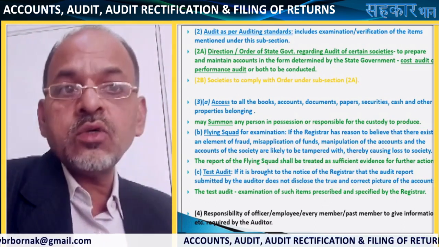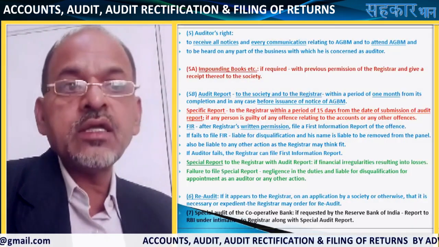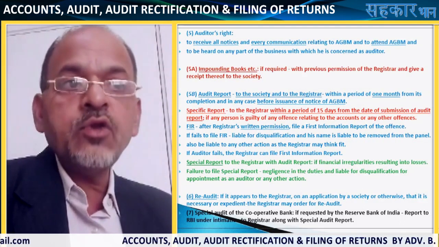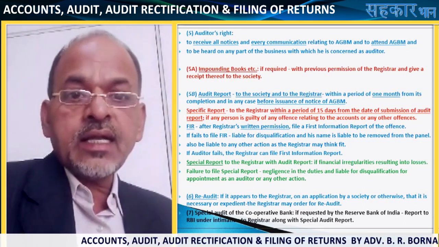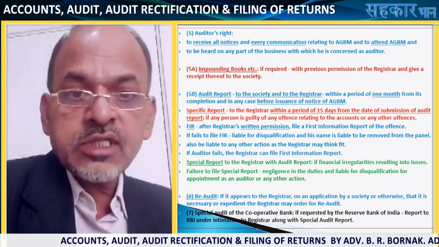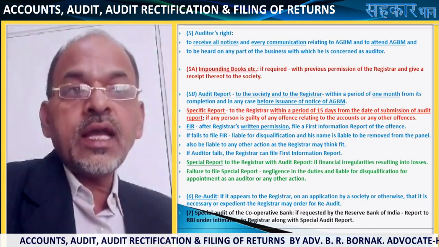Okay. Now further provisions about auditor's rights, they are there. So in auditor's rights we can say the auditor has the right to receive all notices and every communication relating to the annual general body meeting.